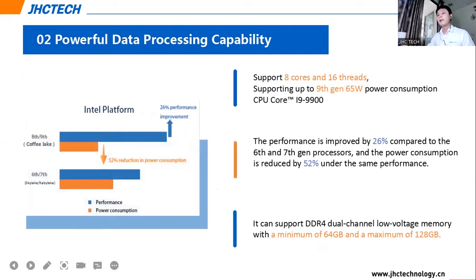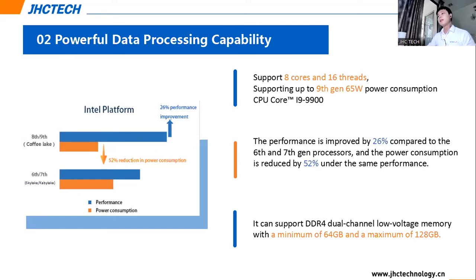From the Intel data, we can see that Coffee Lake performance improves by 26% and also reduces power consumption by 52%. So I think the energy efficiency ratio is improved over the last processor, which means it can get more performance with half the power consumption.